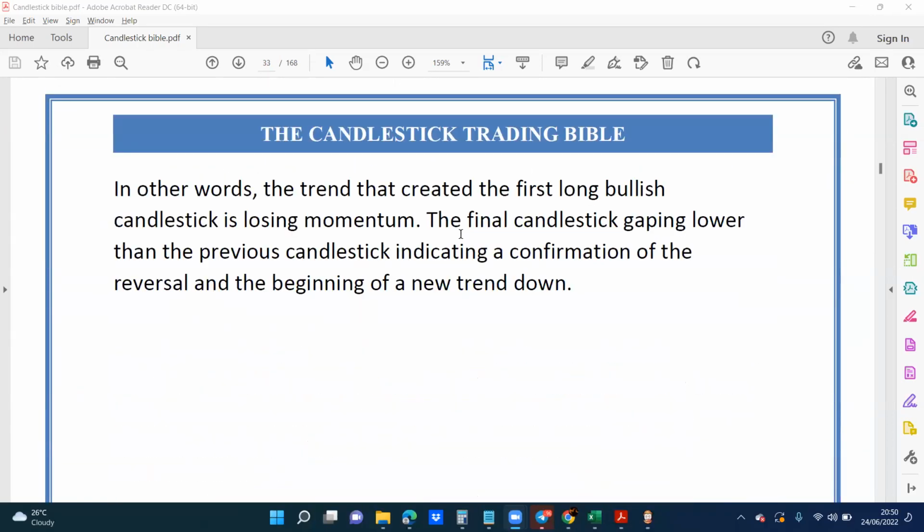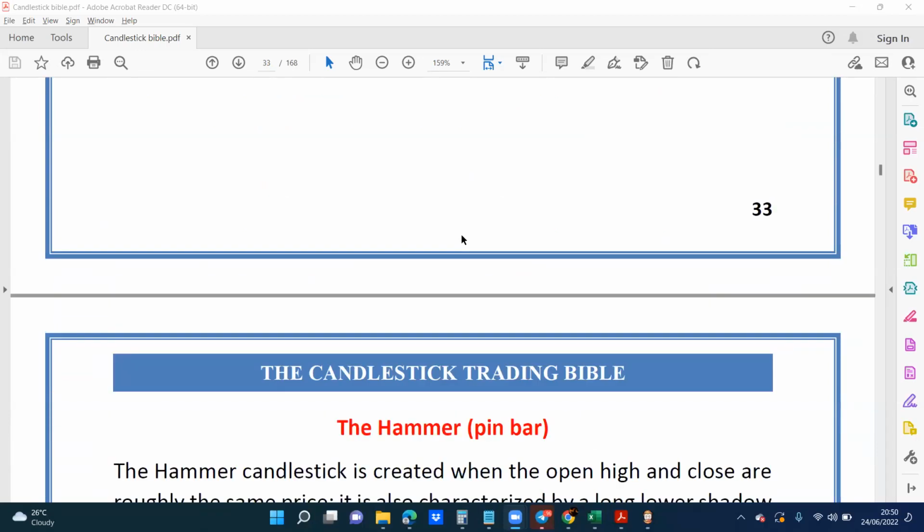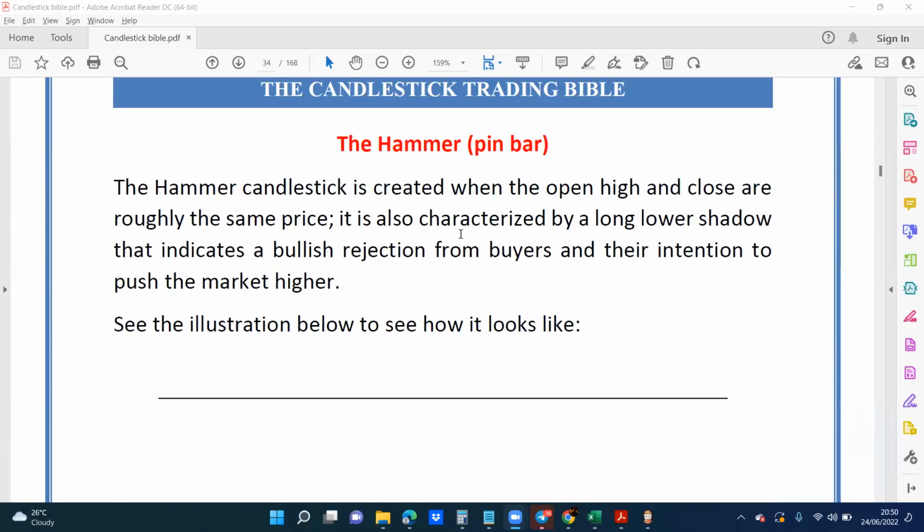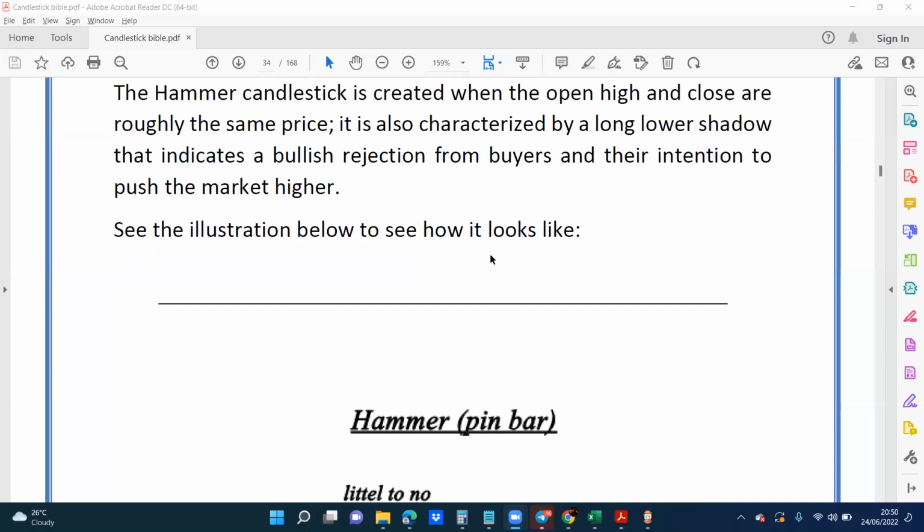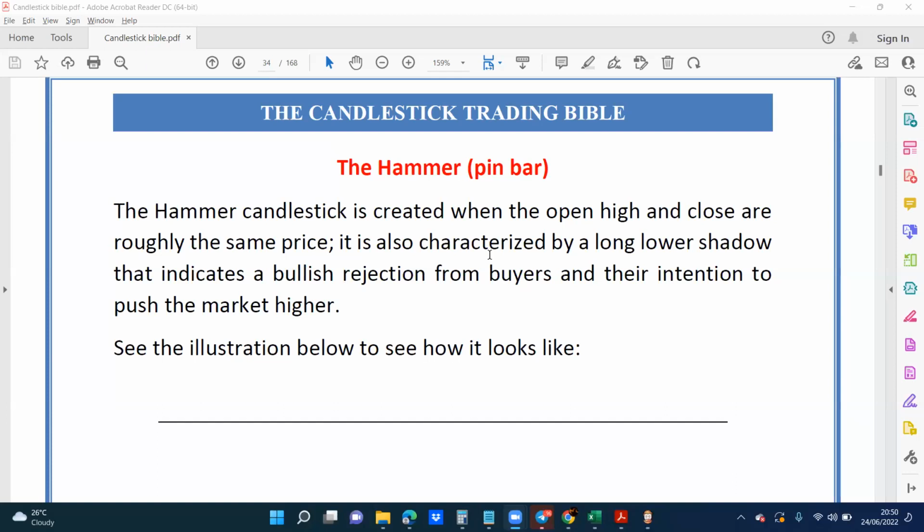All right, the next one we're going to look at is the hammer. We call this the pin bar or the hammer, right? That's the second to the last one we're looking at. So we've looked at engulfers, where we have bullish or bearish engulfers. Then we've looked at doji, right?